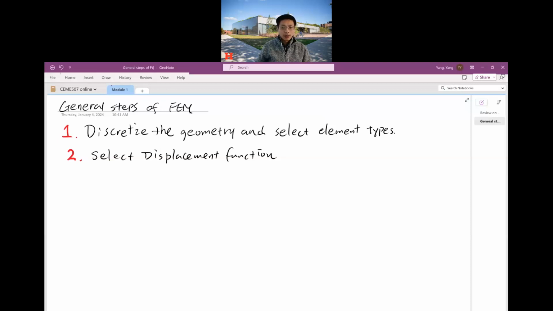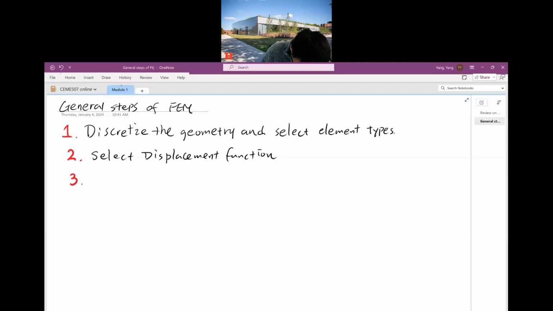So when we talk about approximation, the major approximation here is the pre-selected displacement function, such as you may use a linear function or quadratic function or cubic function to approximate the distribution of the displacement within a smaller region. So that's what you do in the second step.